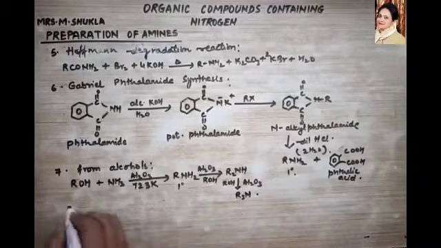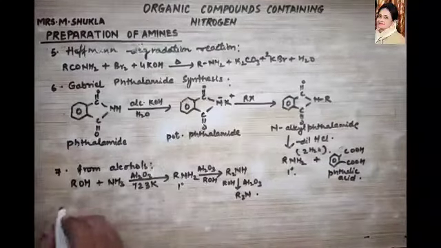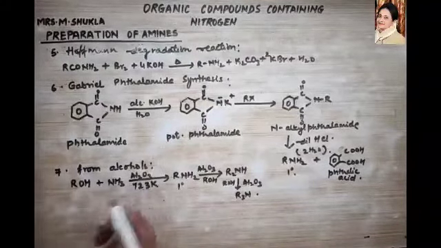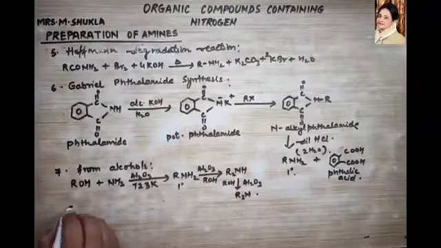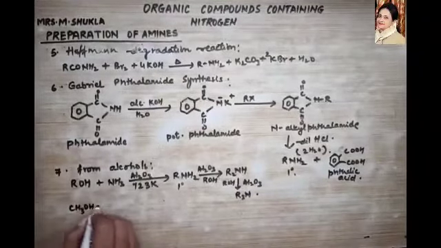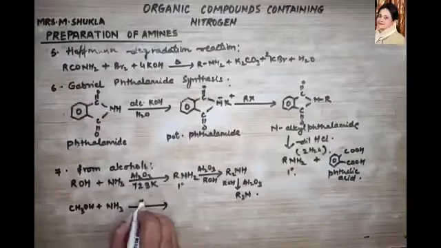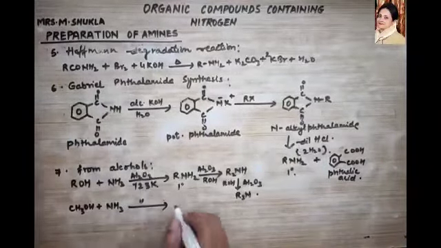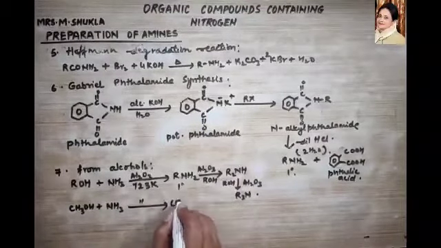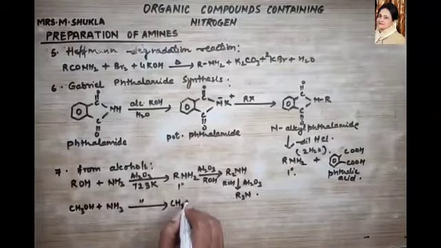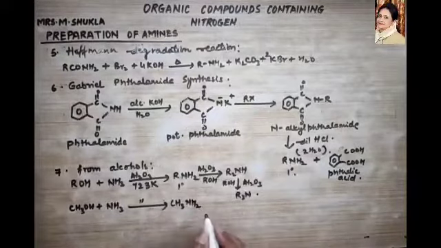Okay, let's look at one example over here. Say suppose I take methanol, CH3OH. This when treated with NH3 in the presence of alumina at 723 Kelvin, what is it forming? CH3NH2, right?